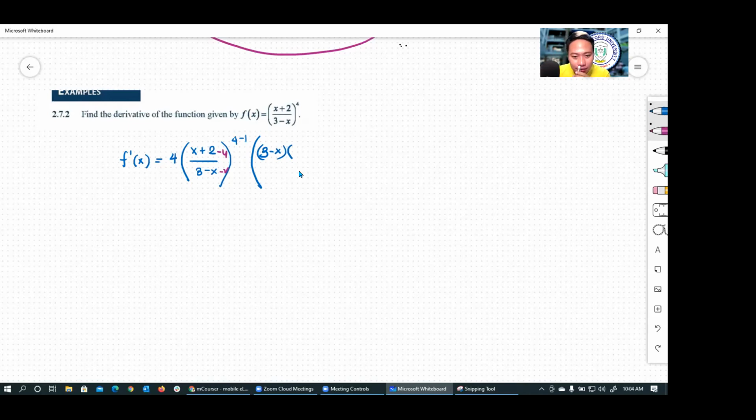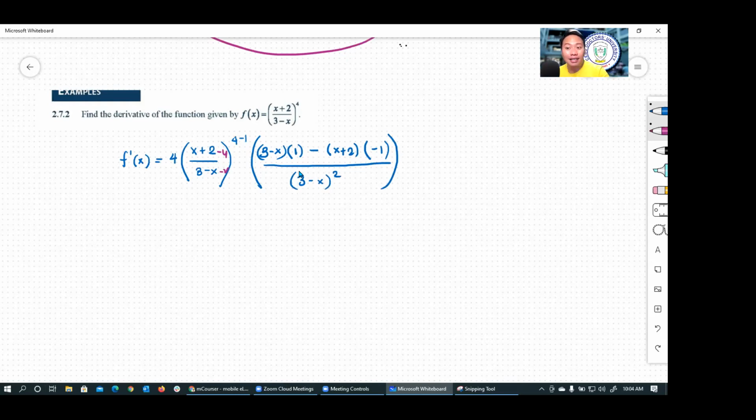Minus x plus 2 times the derivative of the denominator, which is negative 1, since 3 is 0, and the derivative of negative x is negative 1. Over 3 minus x squared. And then you close it.